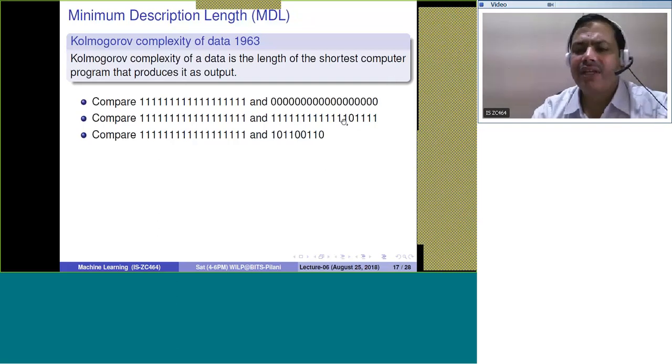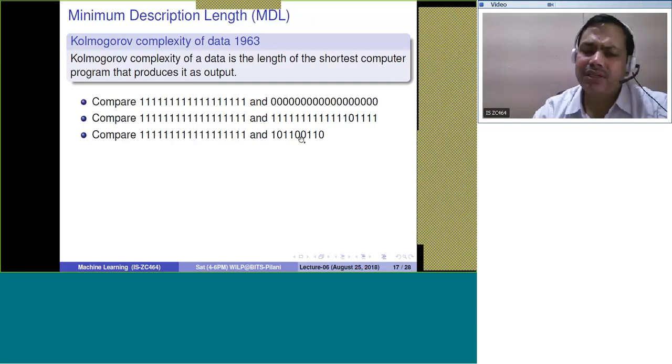You can say the second one has a larger complexity. Correct? Now can you compare the first one and the third line? You see that in the third line, again the right-hand one has the higher complexity, and you can see that even though it has a smaller size.